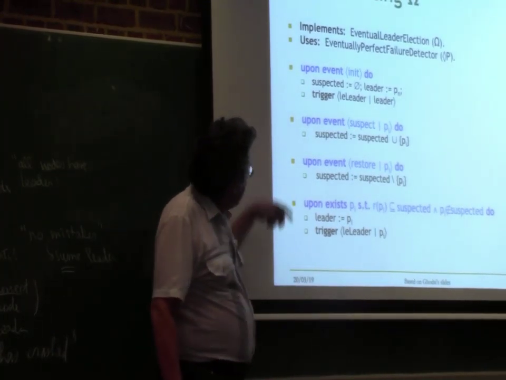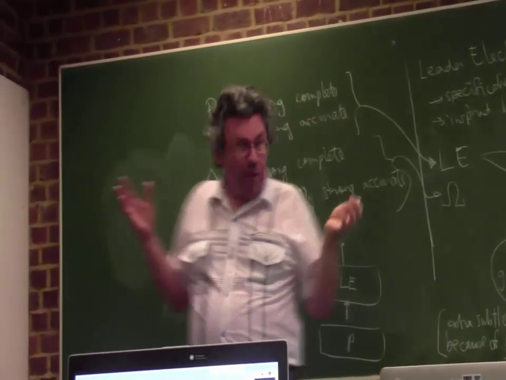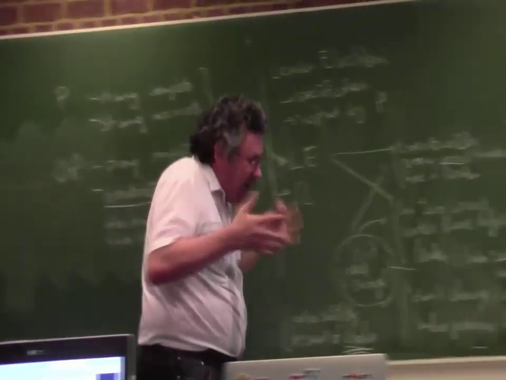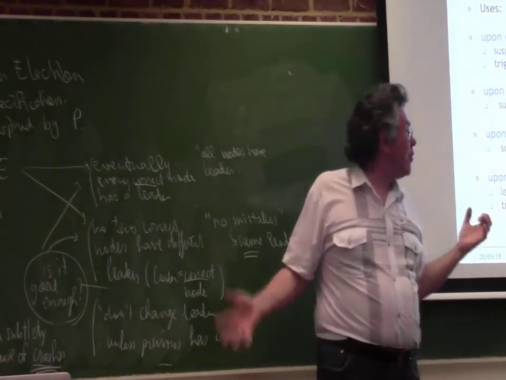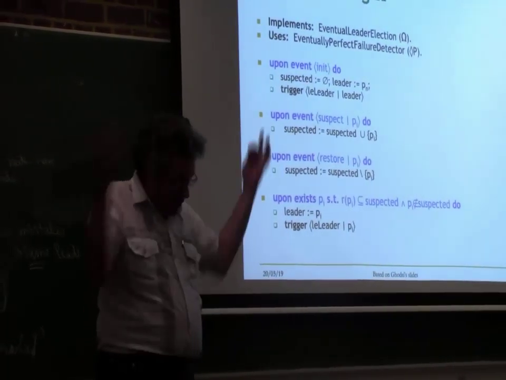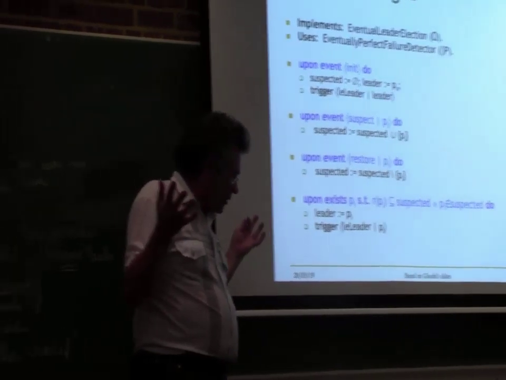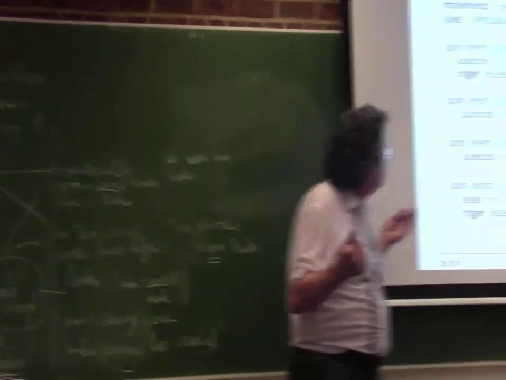In the days when failure detectors didn't exist, people didn't know about failure detectors, you had to reinvent the concept of failure detector each time you did a new algorithm. So when I created eventual leader detection, I invented this thing, I published a paper on it, I basically reinvented the idea of the eventually perfect failure detector.